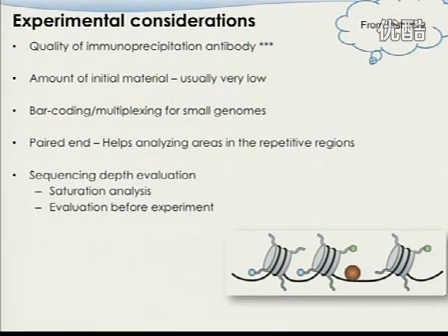And we also talked about the sequencing depth evaluation. There are two major approaches. The first one is the saturation analysis. That will be after the preliminary experiment, so you can evaluate how much more sequencing resources you need to get more information figured out.